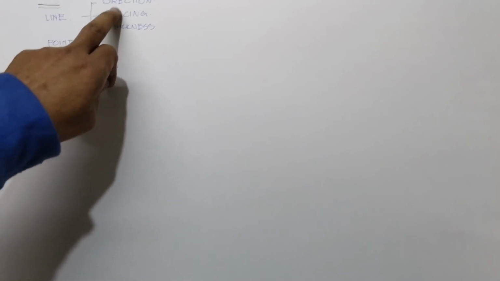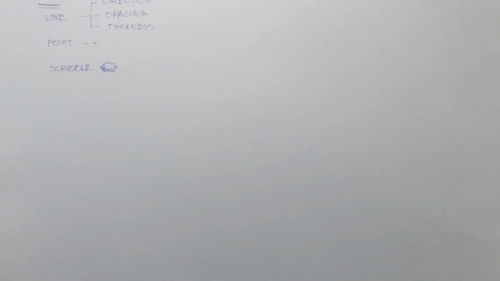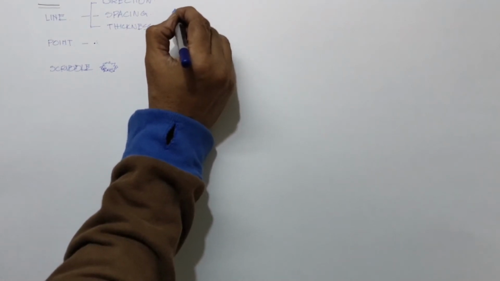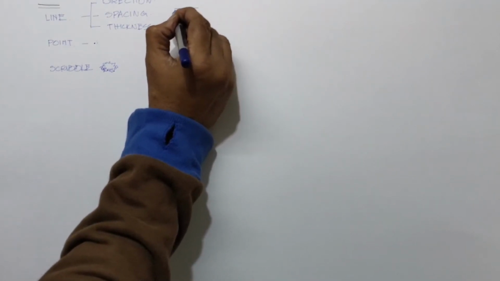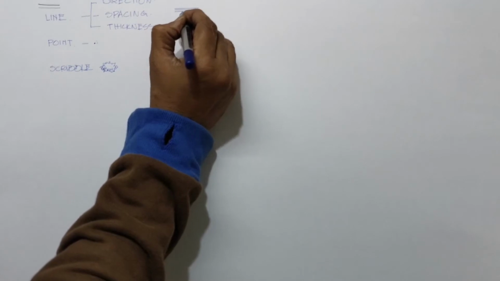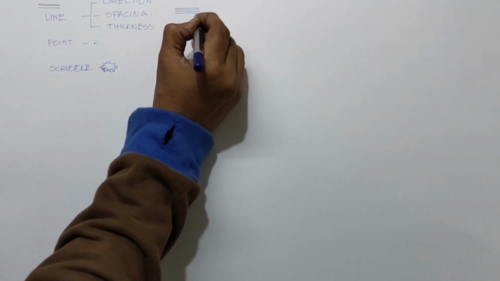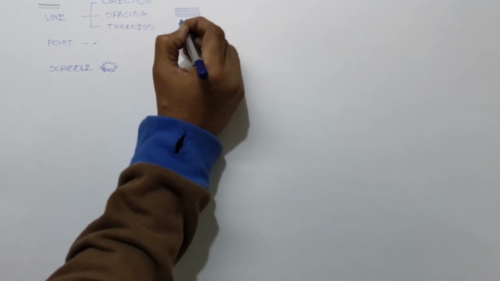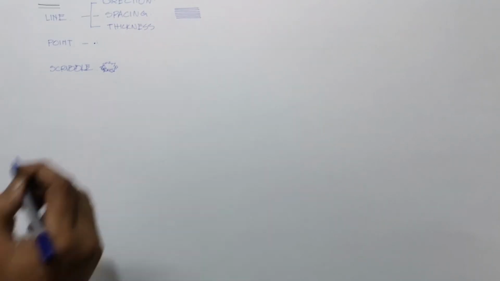So first I will demonstrate the line. For a line, see the direction you can have: this is a horizontal line, a straight line in the horizontal direction.